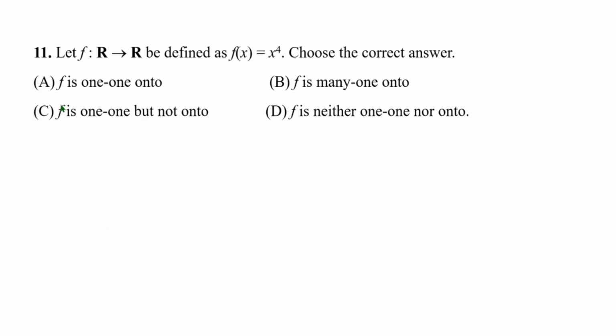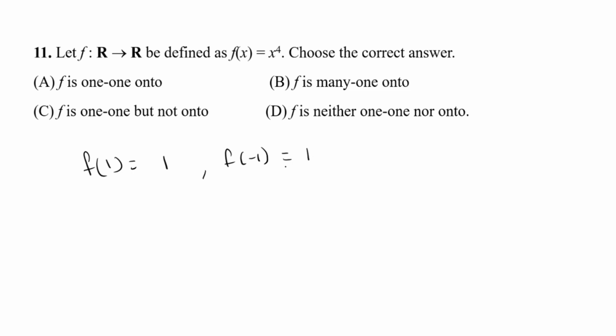The next question, let f from the set R of real numbers to the set R of real numbers be defined as f(x) is equal to x raised to 4. Choose the correct answer. So we have to see whether f is 1 to 1 onto, many to 1 onto, 1 to 1 but not onto, neither 1 to 1 nor onto. So here if we take f(1) is 1 raised to 4, 1, and f(-1) is also (-1) raised to 4, it is 1.